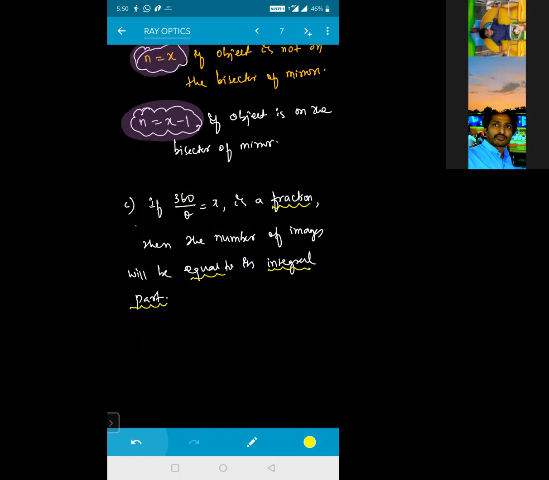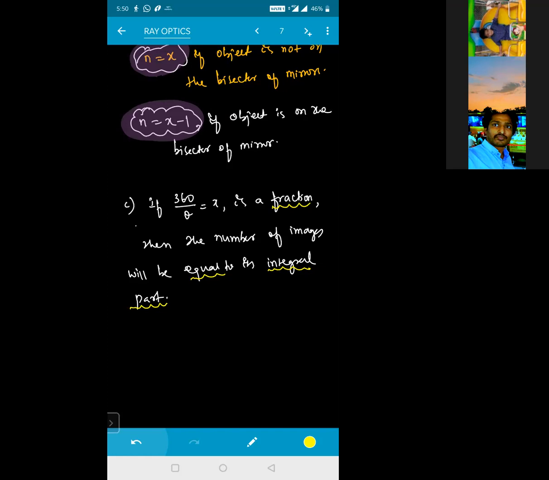When you get a fraction, you can either do it by the Crispus method or directly take the integral part of that. Integral part means what? Like if it is 1 by 2, what is the integral part of that? If you are getting a fraction, like 3 by 4, 8 by 9, 10 by 12, then whatever is in the 10 by 12, 12 is the integral part. 1 by 4, 4 is the integral part.